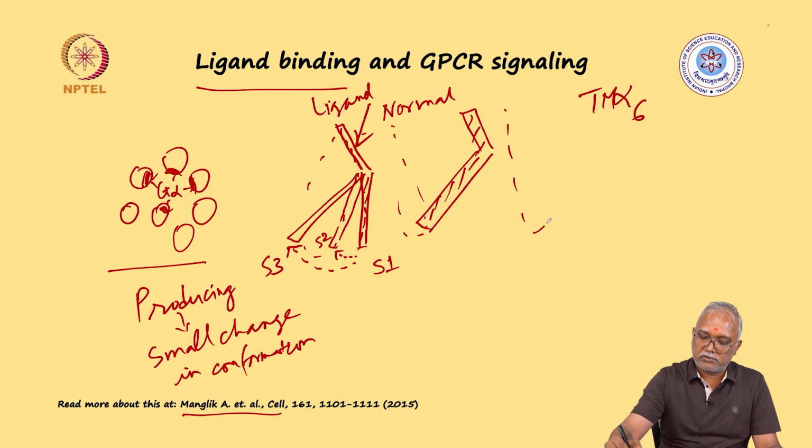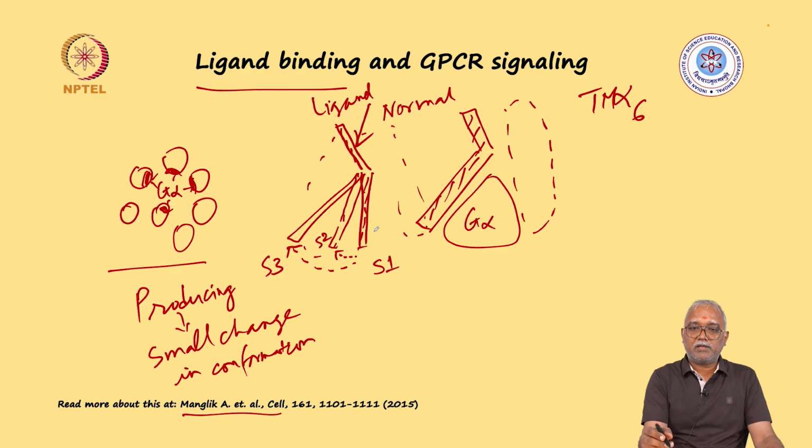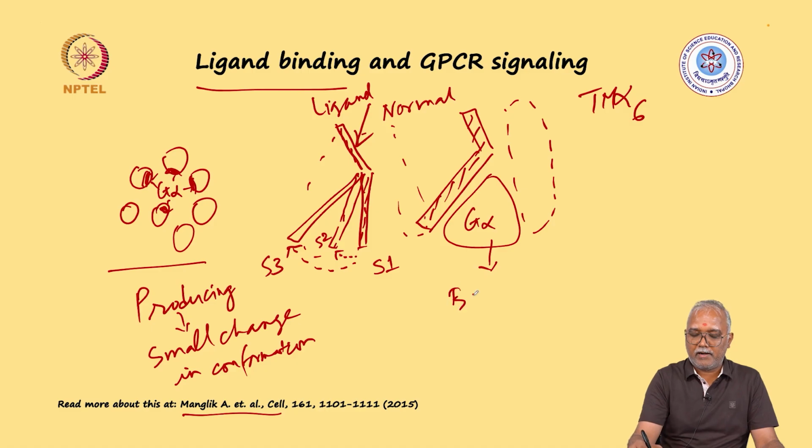Other structures remain the same. This generates a space for G alpha to bind. So normally the space which was not available, when the ligand binds, it moves the alpha helix 6 to a different location. That is how G alpha can bind and activate the receptor.